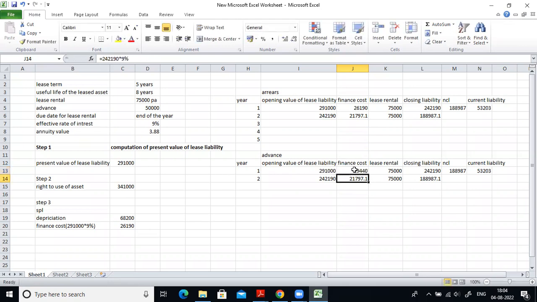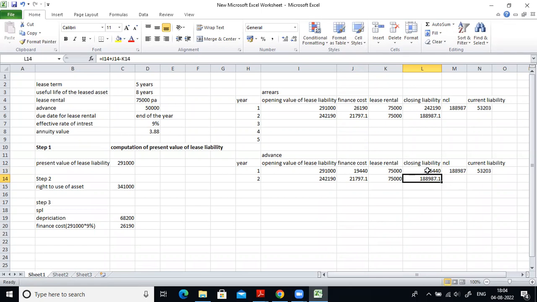So this will be the procedure for the finance cost and the closing liability. The closing liability is 2,91,000 minus 75,000 plus 19,440. So this will be considered as your closing liability.